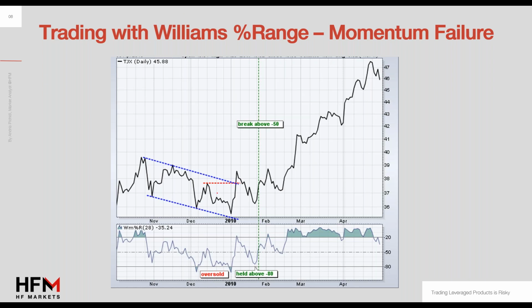In this example over here, we have seen the asset exiting temporarily the channel, breaking the upper line of the channel. Okay, so that was a nice indication that something is changing, that we might have a new trend.